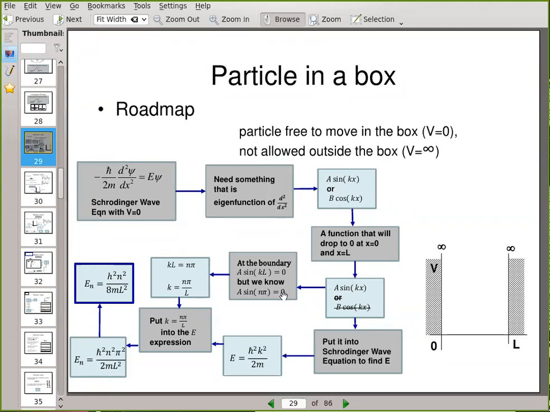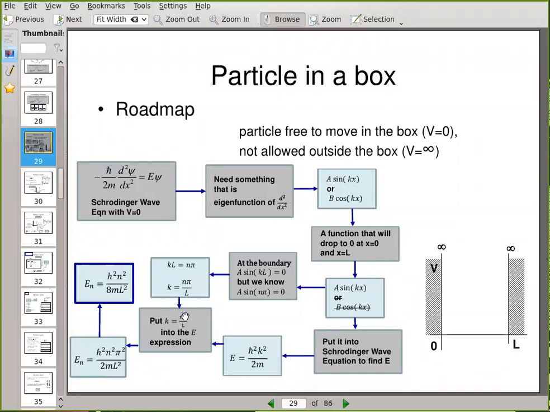And we have to scale the sine so that at the boundary, kL, at this right-hand boundary, we have a multiple of pi, which places restrictions on the k that we've got. So k, the constant, whatever it is, we've now restricted it. It has to be a multiple of pi over L.